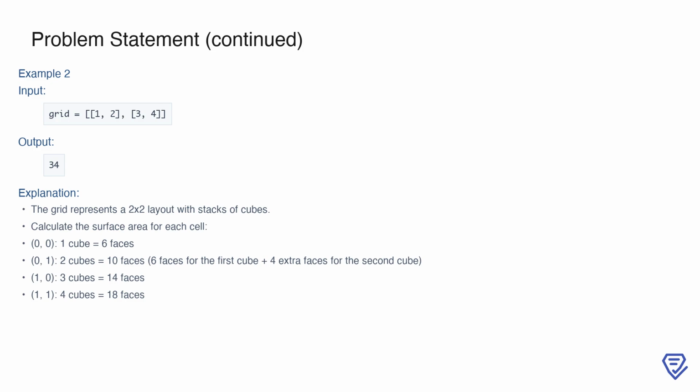At 0, 1, there are 2 cubes, which contribute 10 faces, 6 from the first cube and 4 from the second. Similarly, at 1, 0, 3 cubes contribute 14 faces, and at 1, 1, 4 cubes contribute 18 faces. So far, we have calculated the surface area of each stack as if they were isolated. However, the total will need adjustment for shared faces between adjacent stacks.